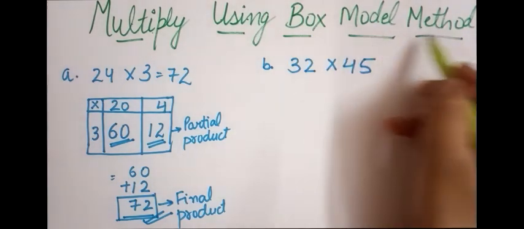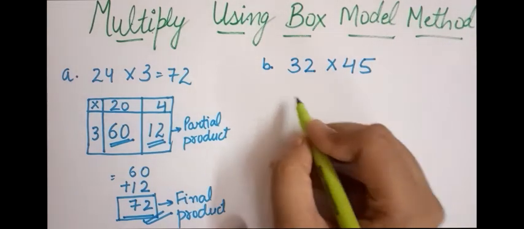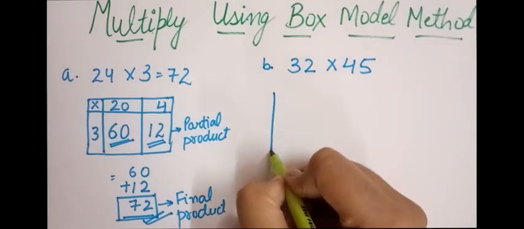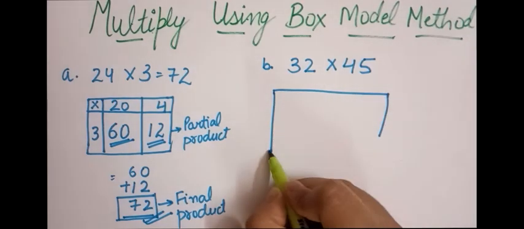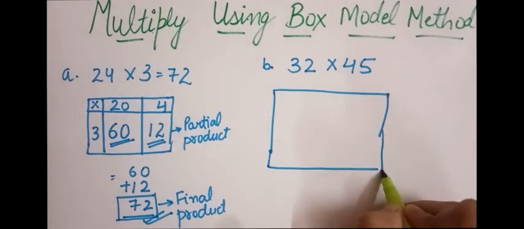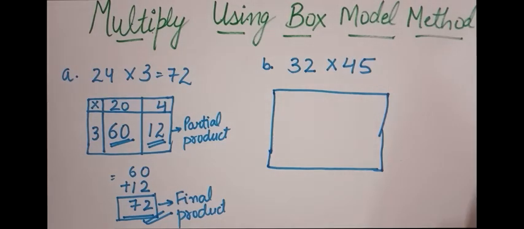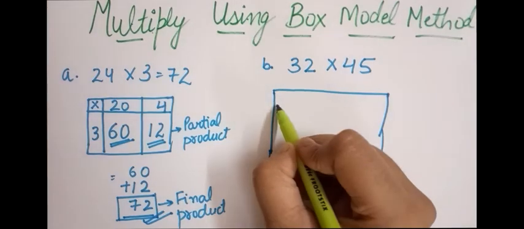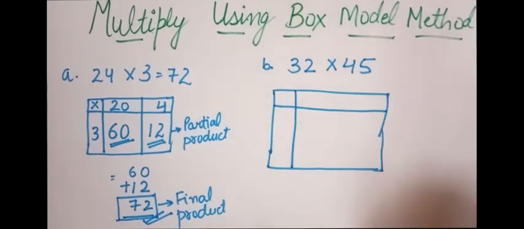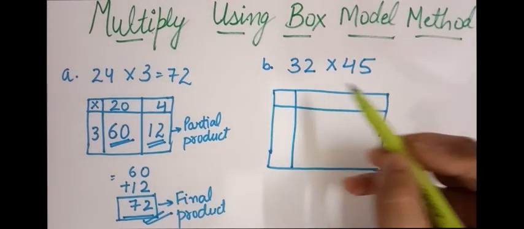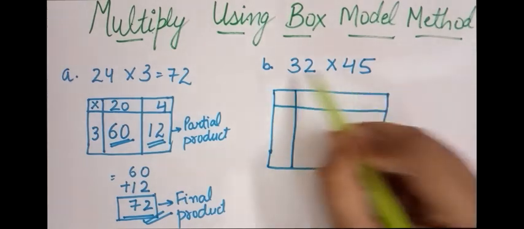The first step is to make a box. So I'll make this box. After that, again I will divide this box like this. I have 2 digit numbers in both the cases.